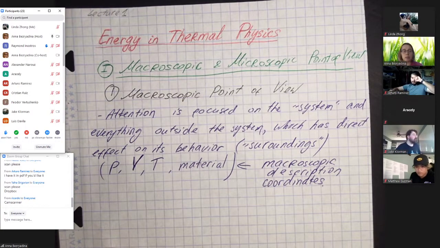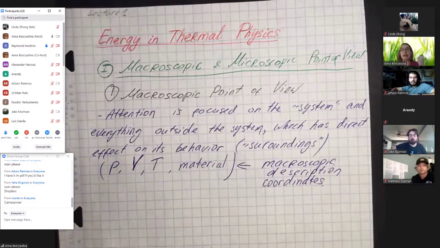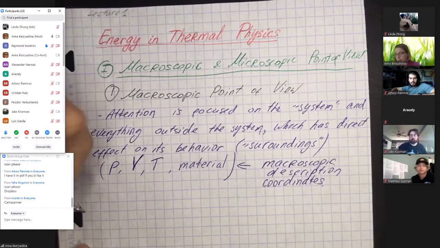And what's important, macroscopic coordinates can also be measured directly in general. So I could measure directly, for example, where you are located. You're located in this particular house. For me, it would be very hard to measure where your particular red blood cell is located. I couldn't tell you exactly where each of the red blood cells is located. That is microscopic, but I could specify where you are located. You are a macroscopic point of view.